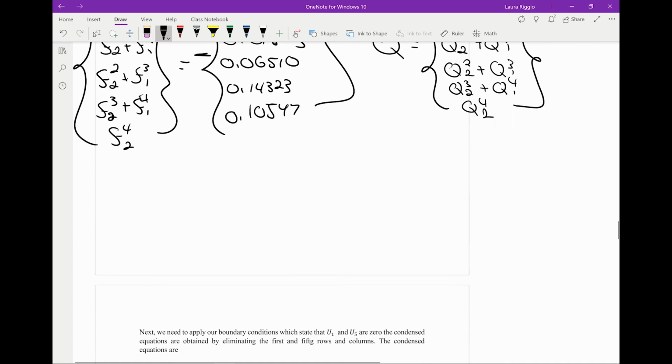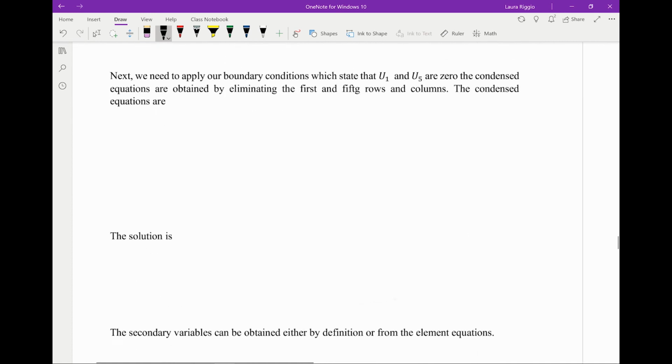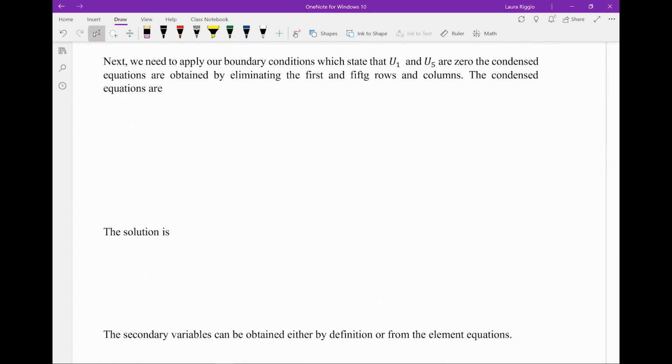The last thing we would do was apply our boundary conditions. Our boundary conditions as stated are U1 is equal to 0 and U5 is equal to 0.